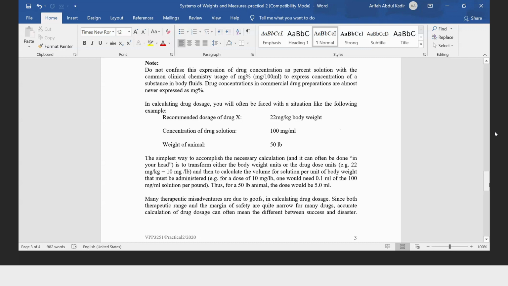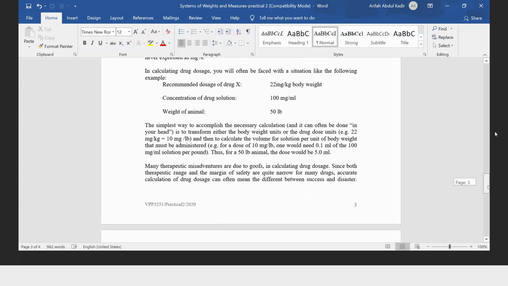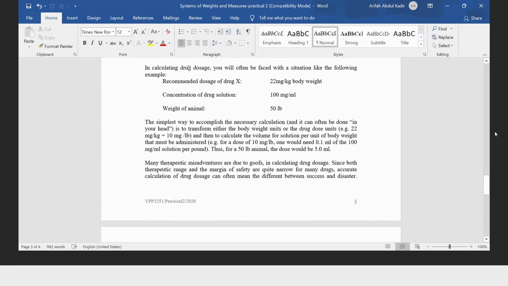Now we'll look at one example. In calculating drug dose, you'll often be faced with a situation like the following. The recommended dosage of a drug is 22 milligram per kilogram. As I said earlier, milligram refers to the drug, so that means 22 milligram per kilogram body weight of animal. Each kilogram you need to administer 22 milligram.